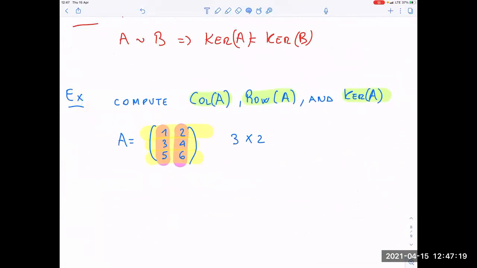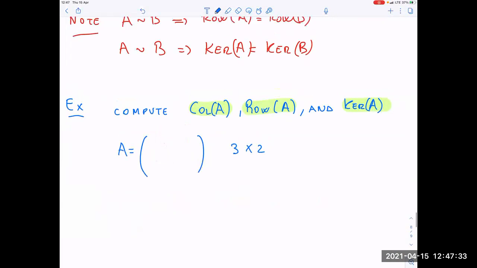So we have the same questions, but not for this matrix here, but for the matrix which is the transpose of this one. So 1, 3, 5, and 2, 4, 6. So it is the transpose of the previous one. And so it is not 3 times 2 anymore, of course.